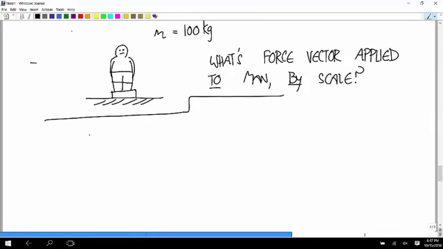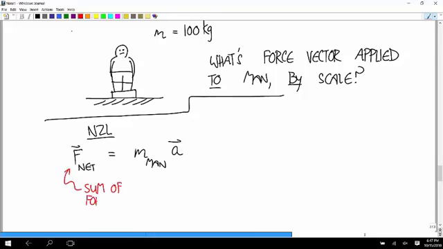Okay, well, Newton's second law says that we're going to add up all the forces acting on the man. So that's what we're calling the net force. And that's going to be equal to the mass of the man times the acceleration vector of the man. So this is the sum of all the force vectors on the man.